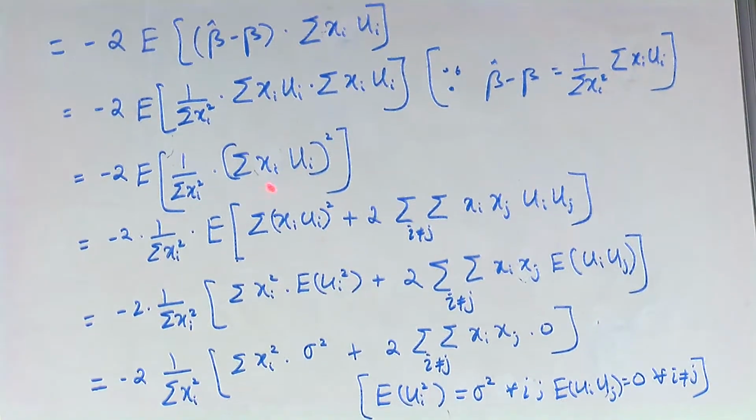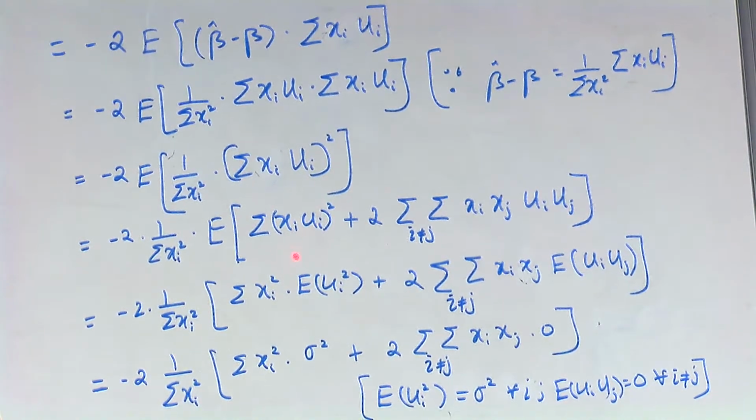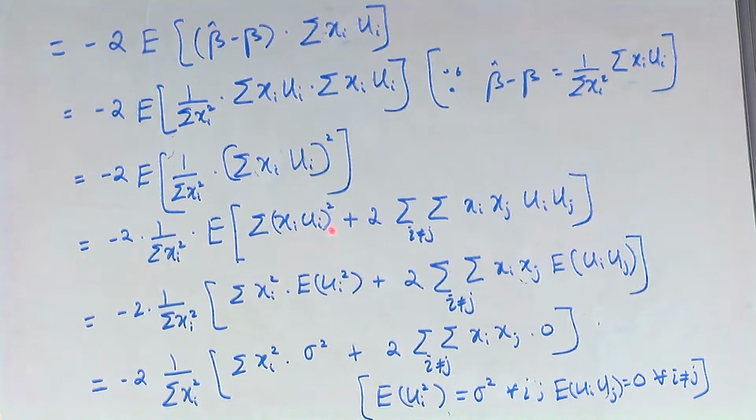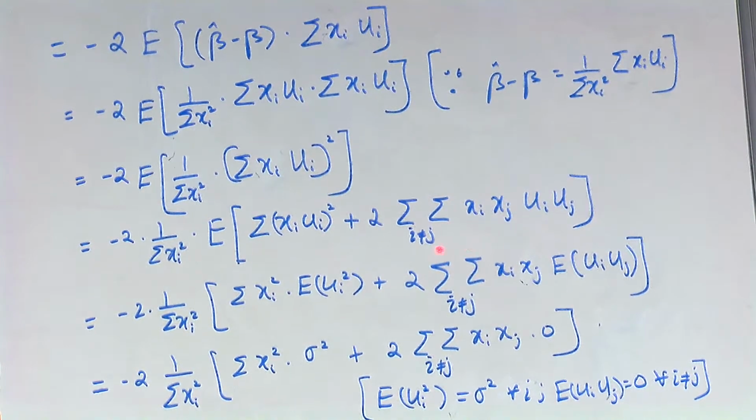Actually, this is again a binomial expansion we can make, an expansion of the square of the summation term. We get sigma of the squares plus 2 into double sigma i not equal to j, the twice of this term. Actually, xi and xj terms will come, so we get xi xj ui uj.